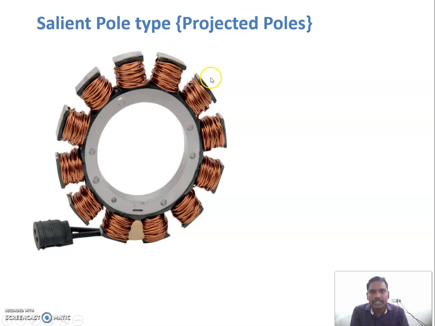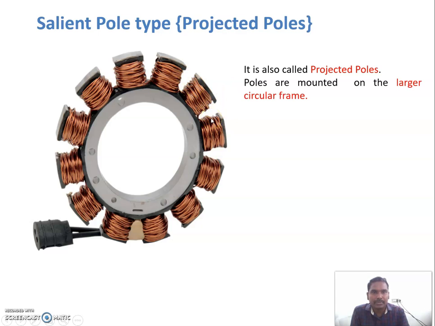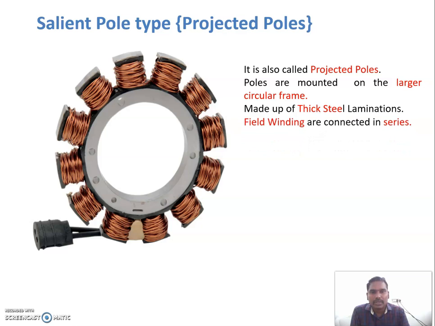The poles are projected outward here, so it will create a non-uniform air gap in the entire system. And it also has a very thick lamination coil.